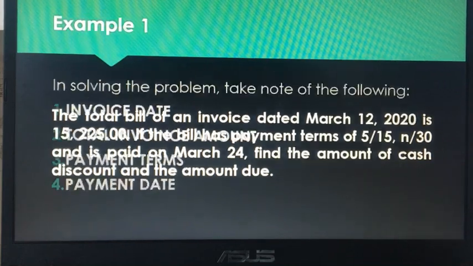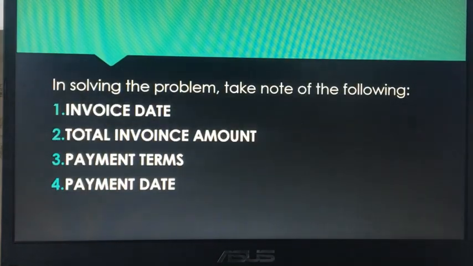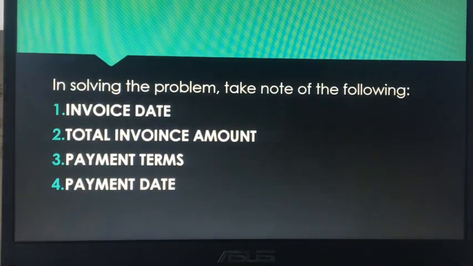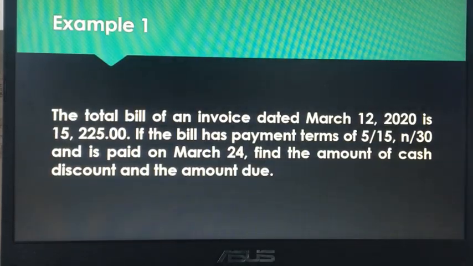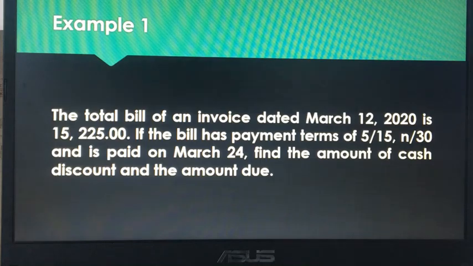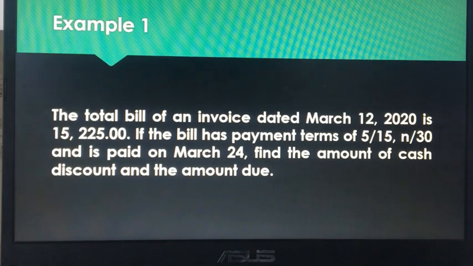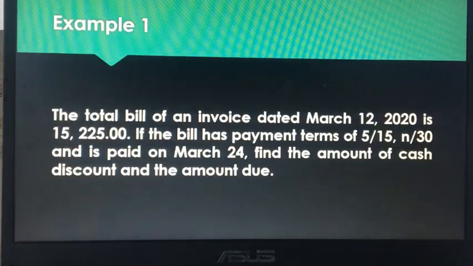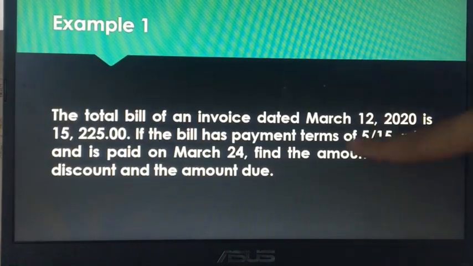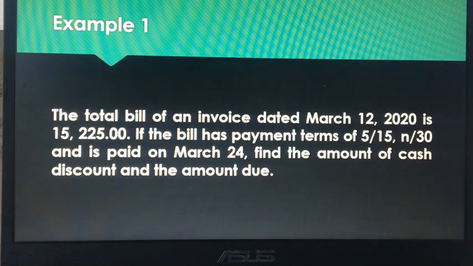What are the payment terms? Same as we discussed earlier in this video: 5 over 15 and N over 30. And lastly, you have to identify the payment date. The buyer paid on March 24.